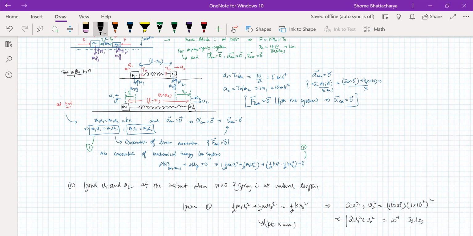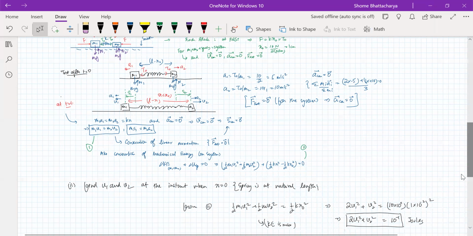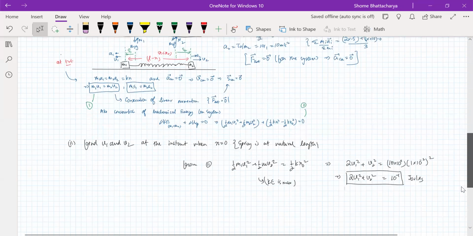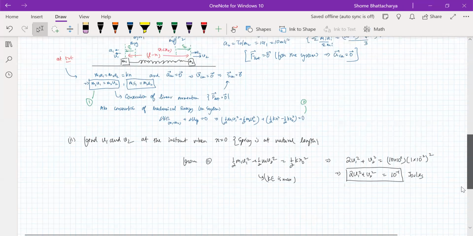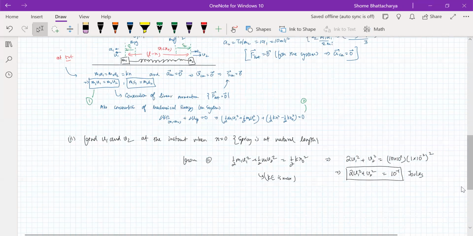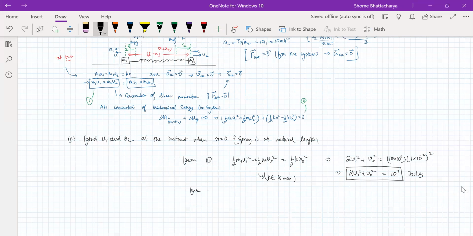The total kinetic energy of the system is half of 0.1 joules actually, because here I've cancelled the half on both sides. Okay. And from equation 1, we have the ratio of V1 and V2. So from equation 1, we have, so substitute this here.